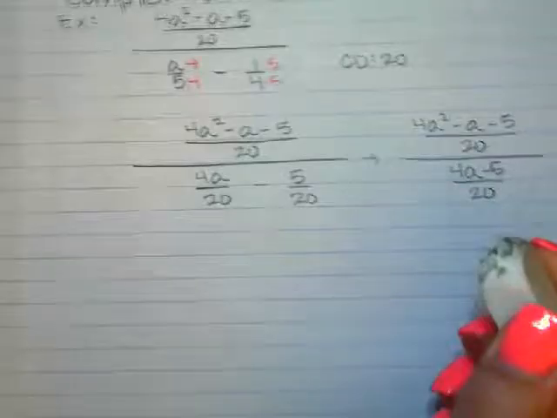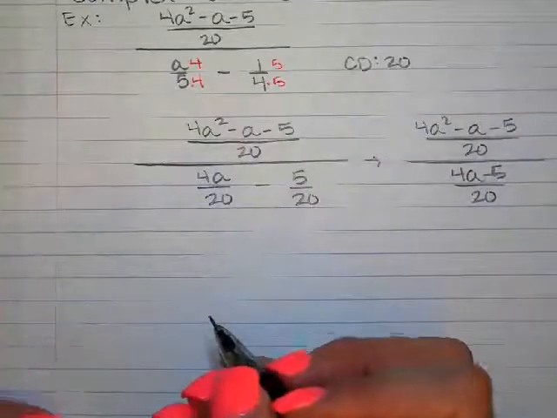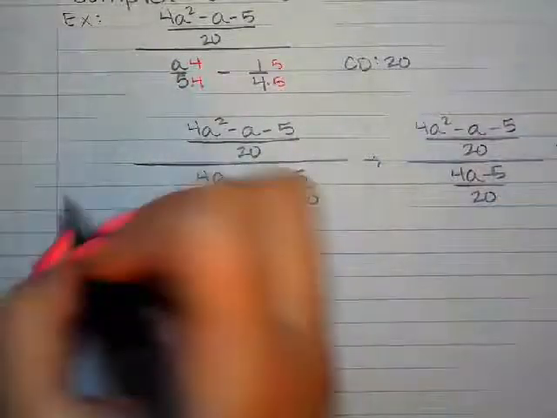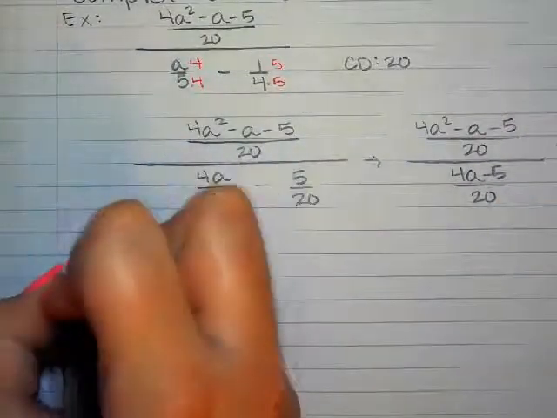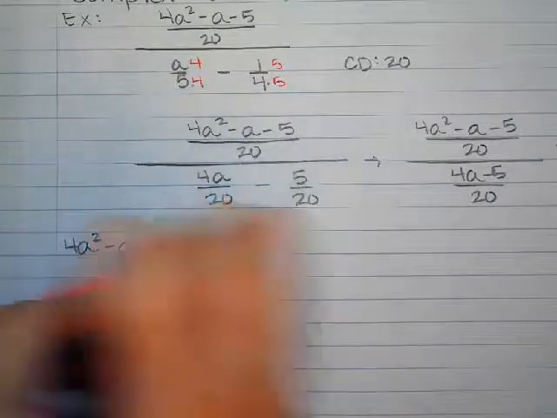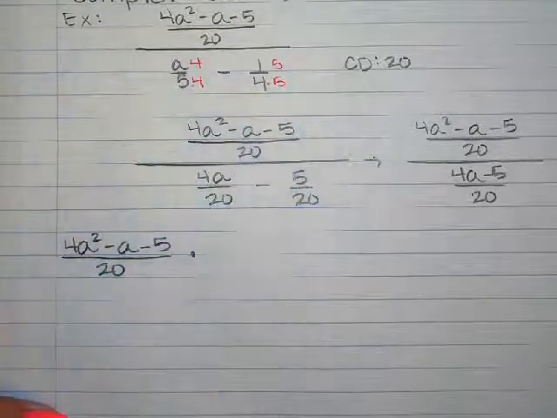And divided by a fraction means I need to do keep it, change it, flip it. So I'm going to go ahead and write that over here. Keep, change, flip. Okay. So I've got 4a squared minus a minus 5 over 20. Change it to a multiplication problem.